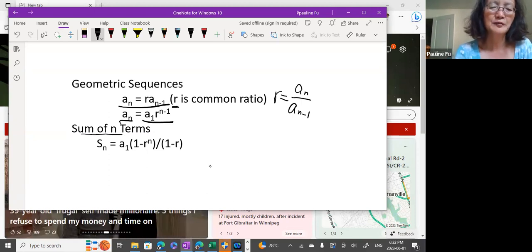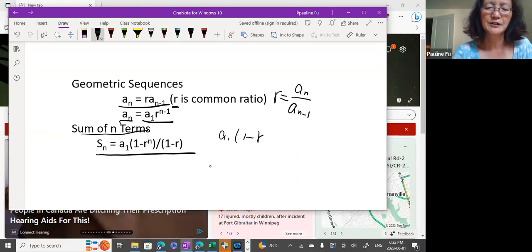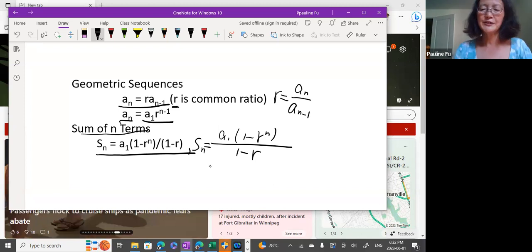The sum of n terms is a1 times 1 minus r to the n over 1 minus r. So this is Sn. Okay, questions.